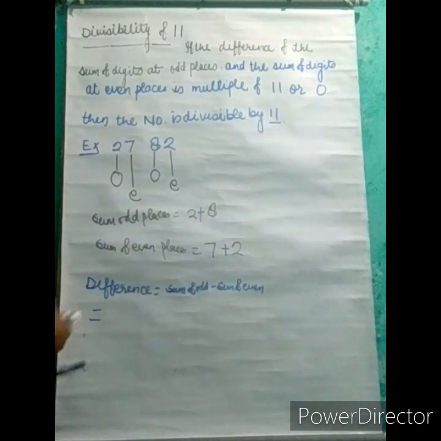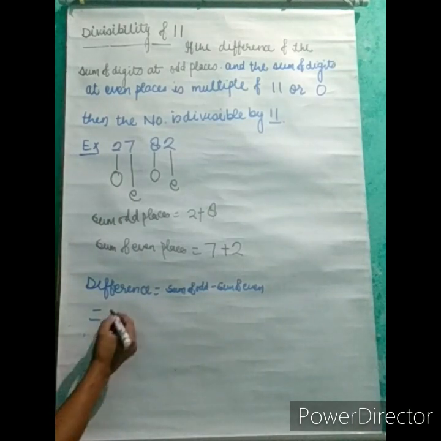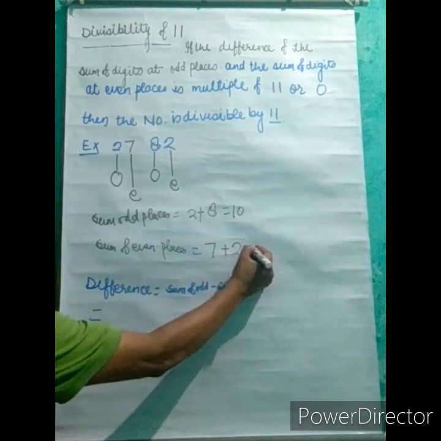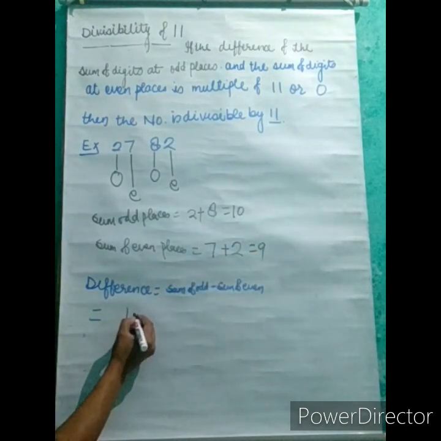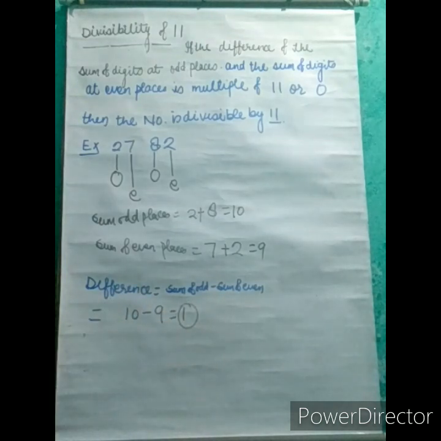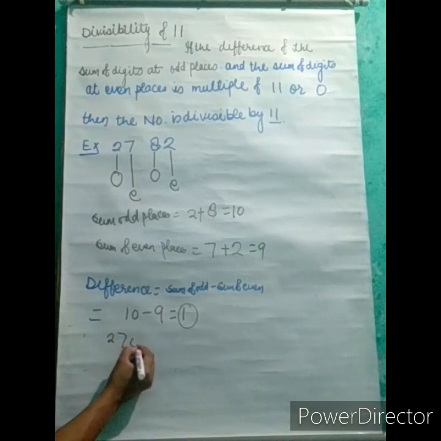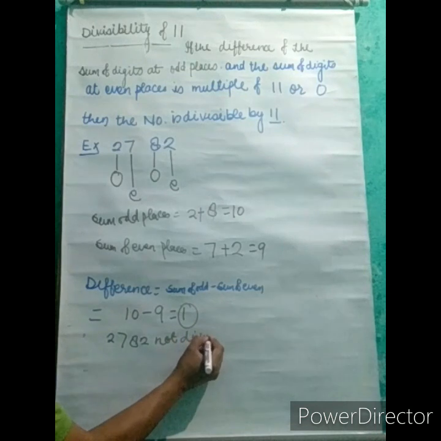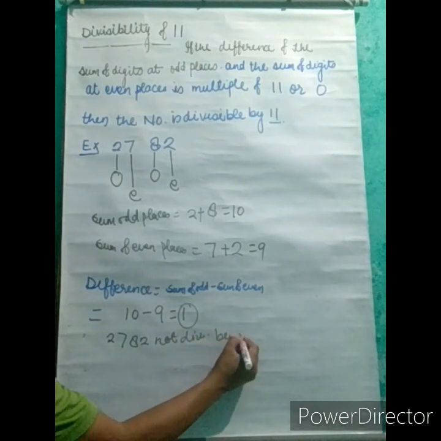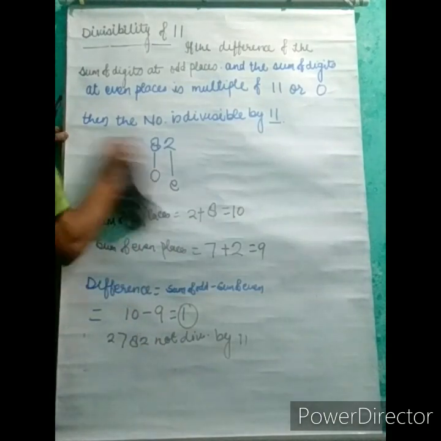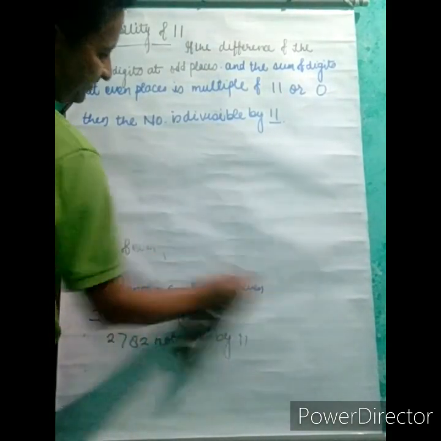The sum of odd places is 10, and of even places is 9. So 10 minus 9 equals 1. 1 is not a multiple of 11. So 2782 is not divisible by 11.